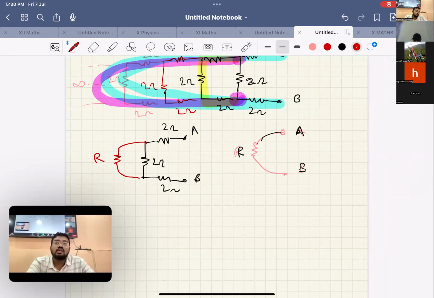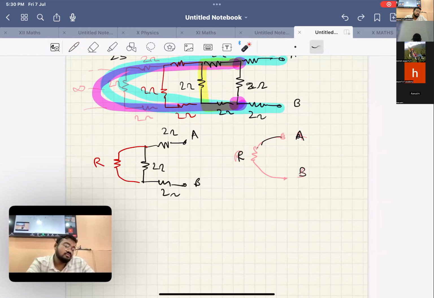This 2 and R are in parallel. So what is their effective resistance? 2R by 2 plus R. And that 2R by 2 plus R, sorry, is in series with this 2 and this 2. And then what do you get? R, right? This whole thing should be R.